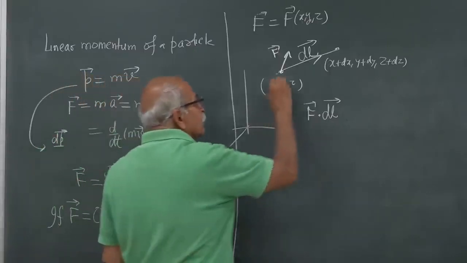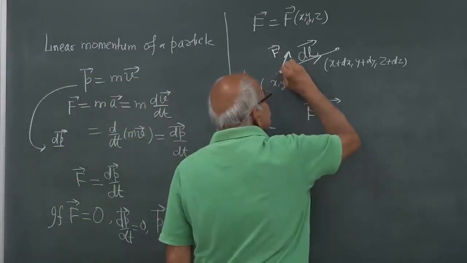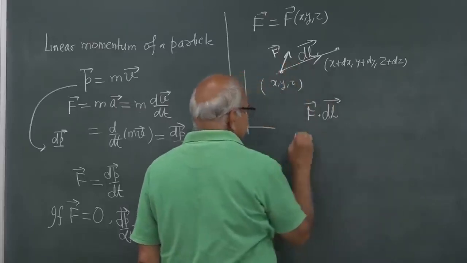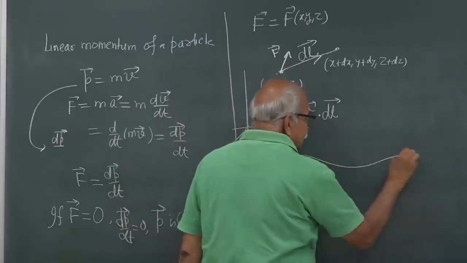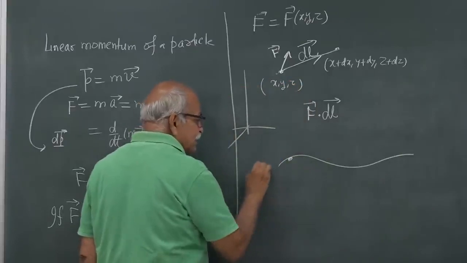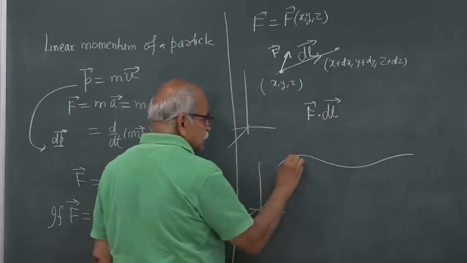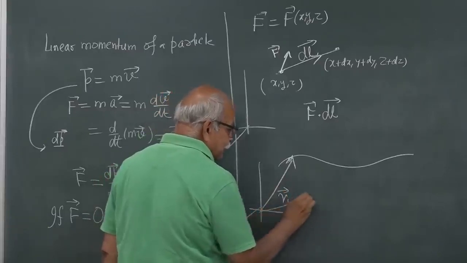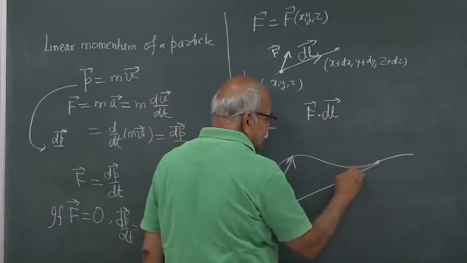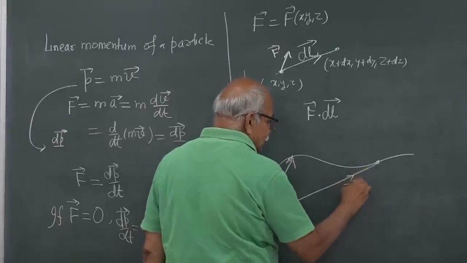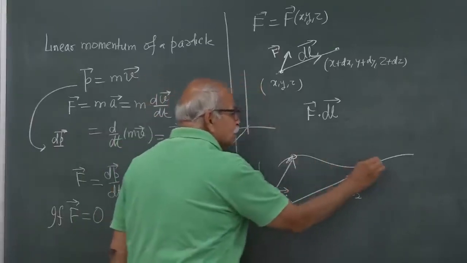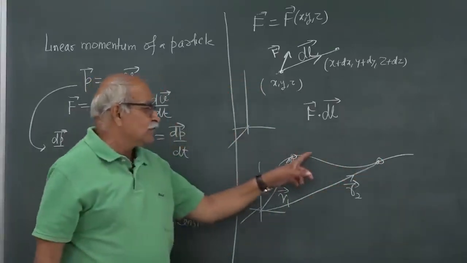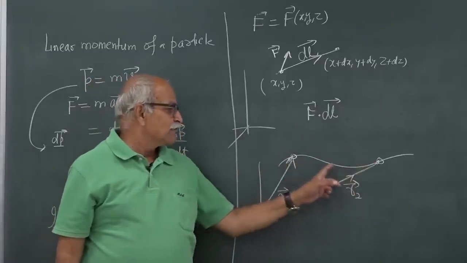And you can take some curve. Let me take the curve somewhere here, and here is a point, this vector is r1, and another point, this vector we call r2. So, now I am going from here to here, a big distance, not infinitesimal.